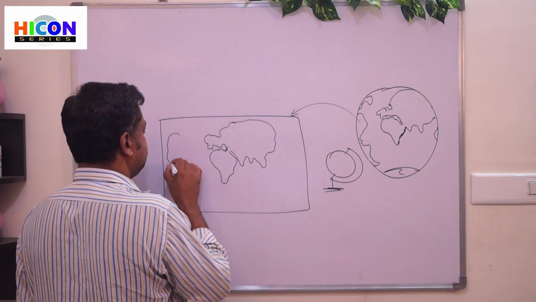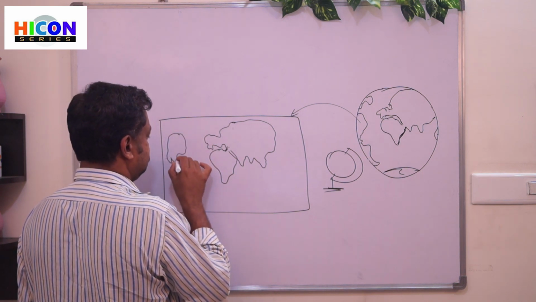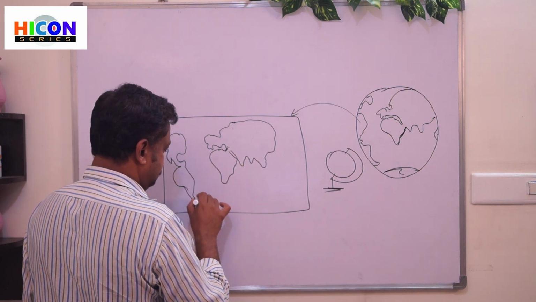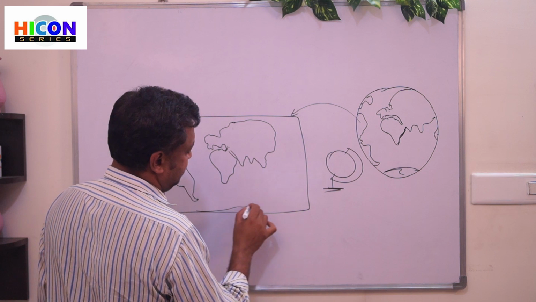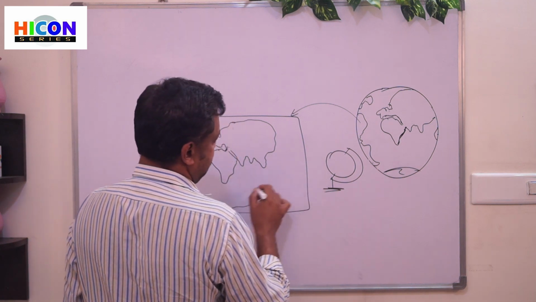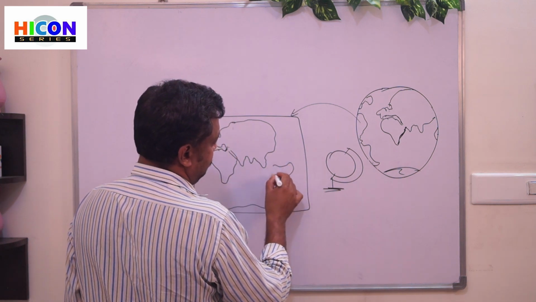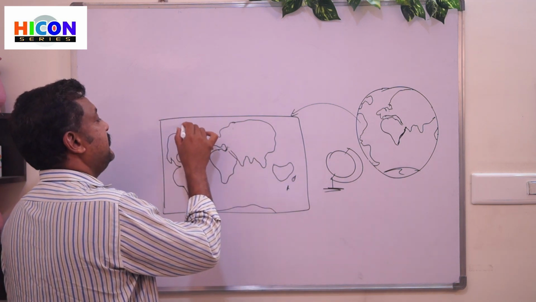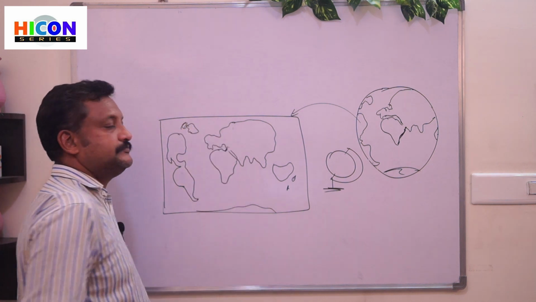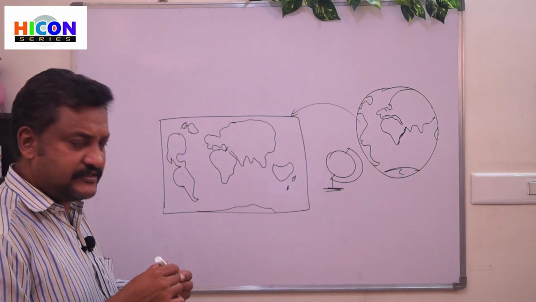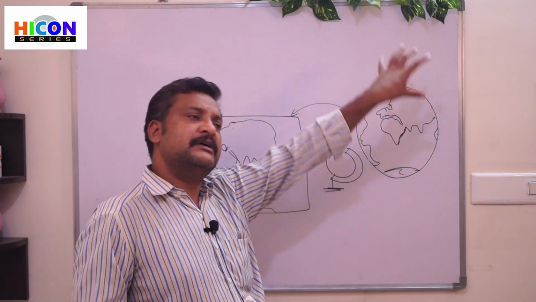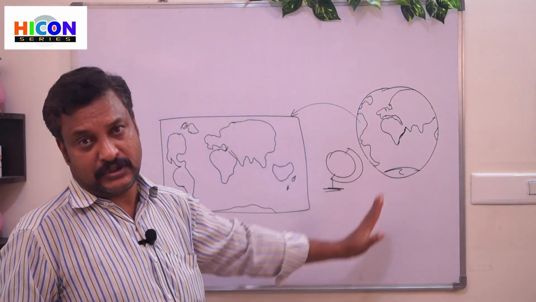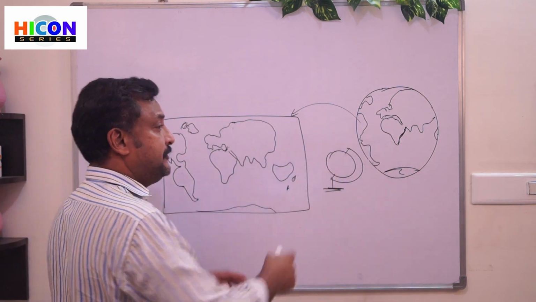Here we have just like an American continent, then this is Antarctica and Australia with the New Zealand islands. Okay, here we have Greenland also. So nothing changes. This is spherical in shape, almost the shape of the earth, and this is a flatter one. Okay, on a flat body.